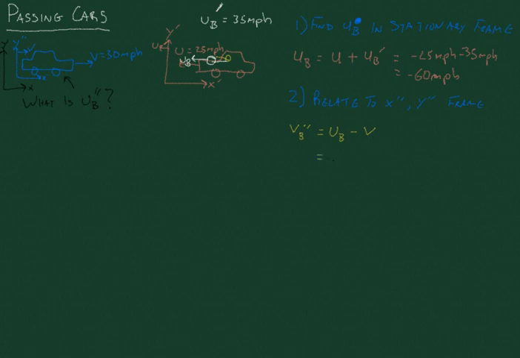And so this is going to be minus 60 miles per hour, minus 30 miles per hour. So relative to the person in the other car, now the baseball is going 90 miles per hour.